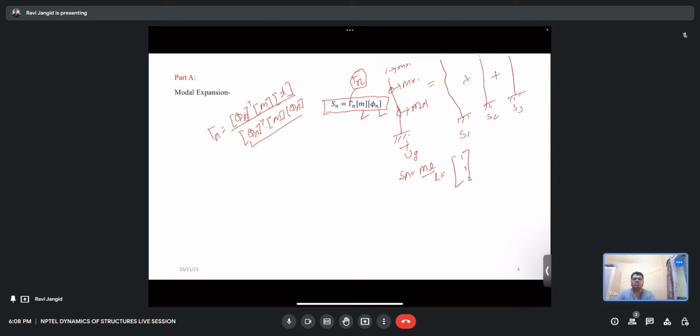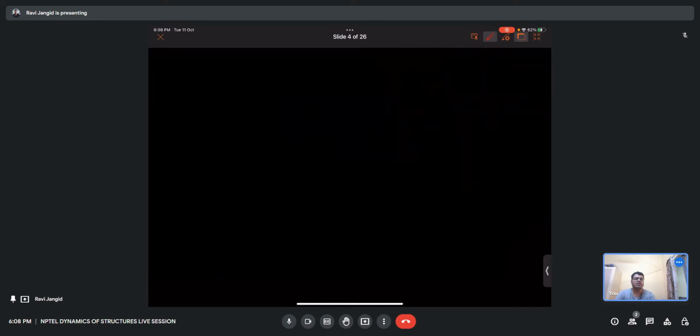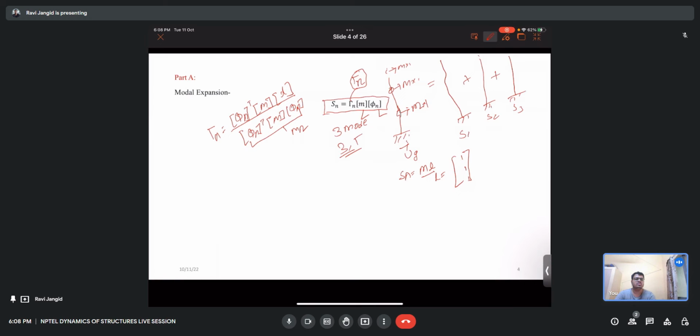Okay, so this you can call it Mn, generalized mass. So for each mode shape, corresponding to each mode, we have one model partition factor. So here we have three mode shapes, so we have three gammas. Okay, so we will go one by one, like how to calculate these things.